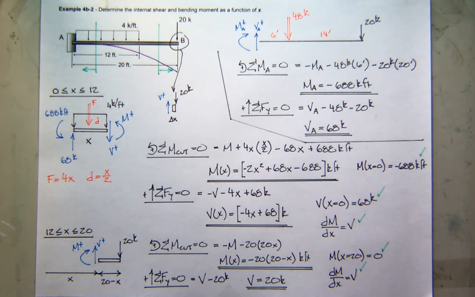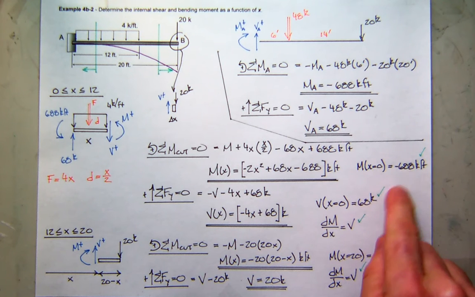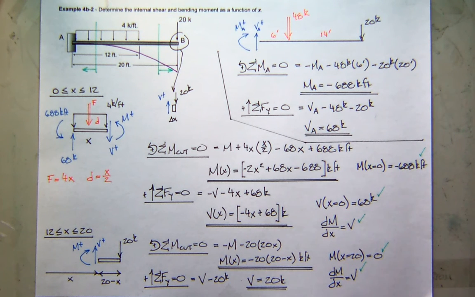So I'm showing you all these different things because I want you to have the ability that when you write these equations, you get some feedback that they're going in the right direction. Give you some confidence that you've got them right. So any questions about this one?